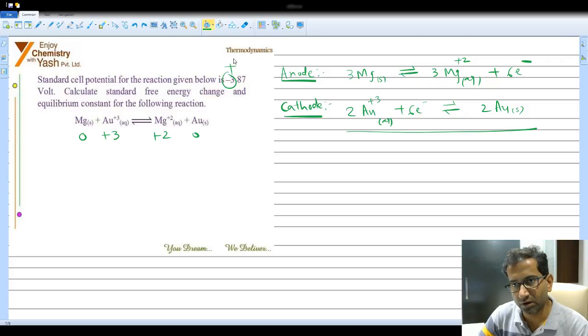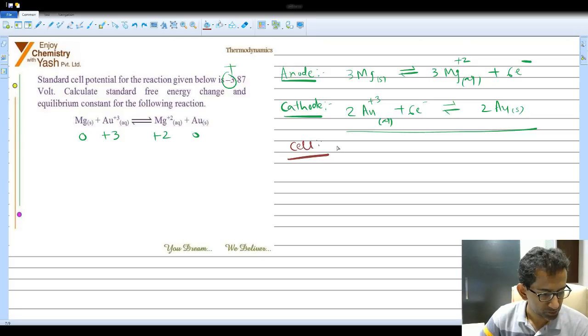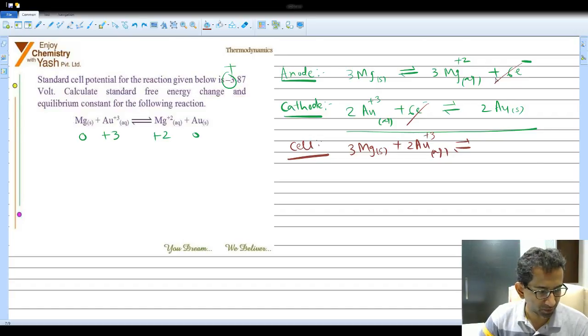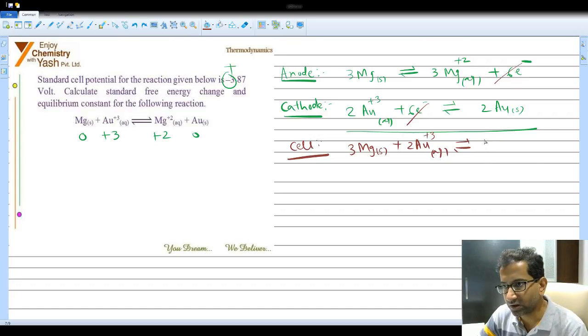Now the overall reaction, or cell reaction, will be 3 Mg solid plus twice Au plus 3 aqueous. These 6 moles of electrons are cancelled on both sides. 3 Mg plus 2 and twice Au solid. Now in this case the number of moles of electrons is 6 moles.